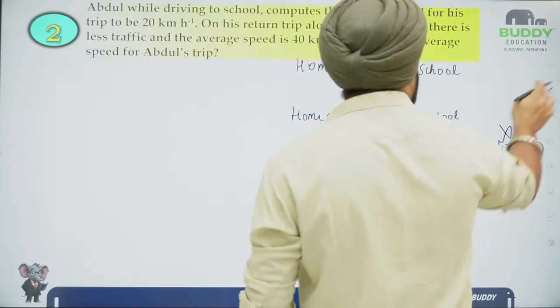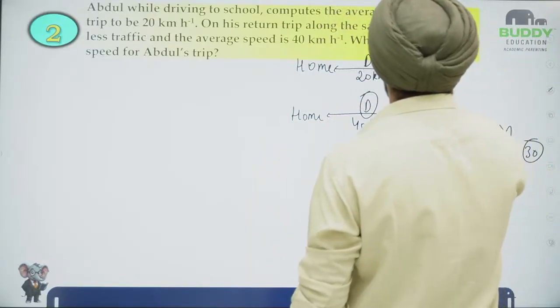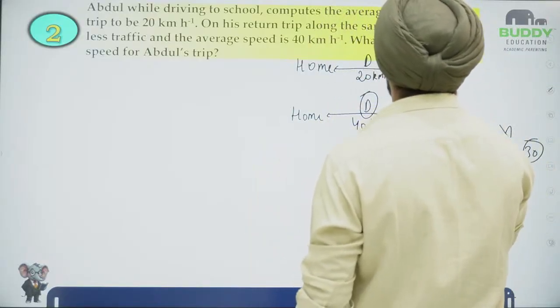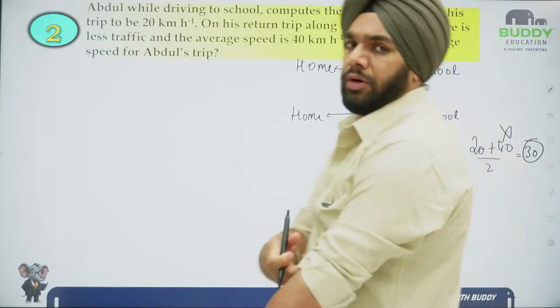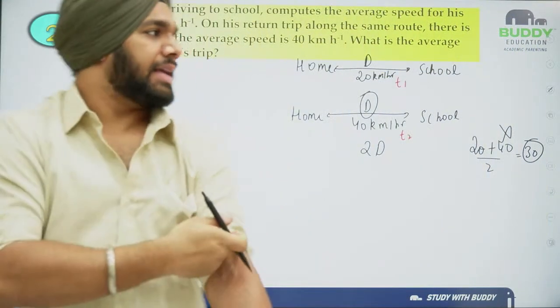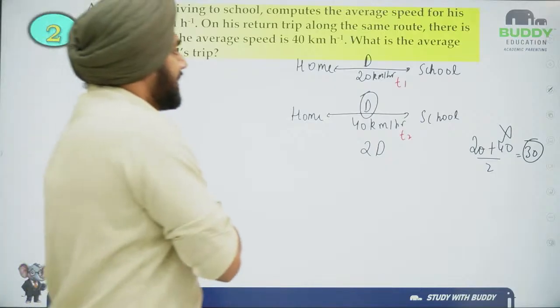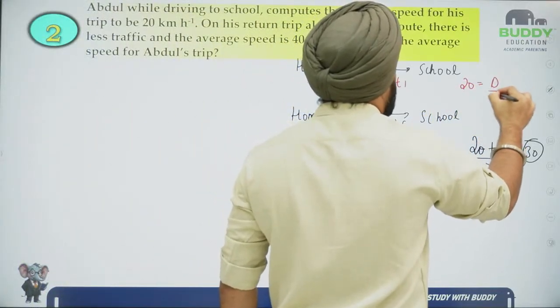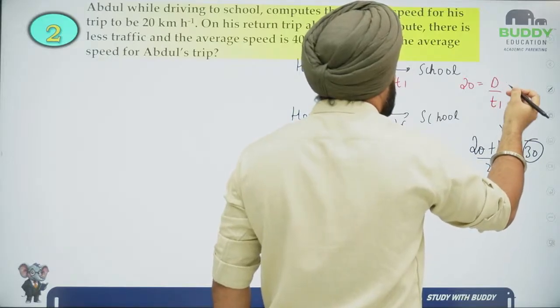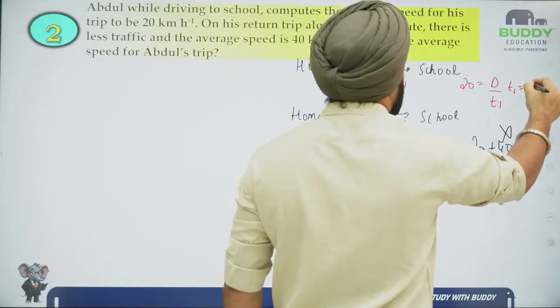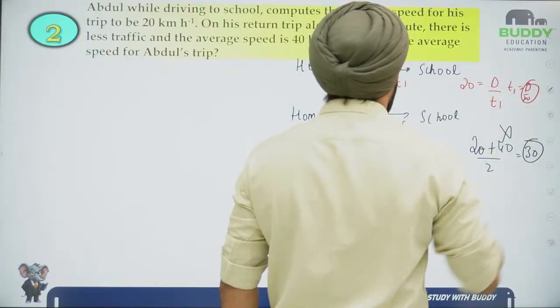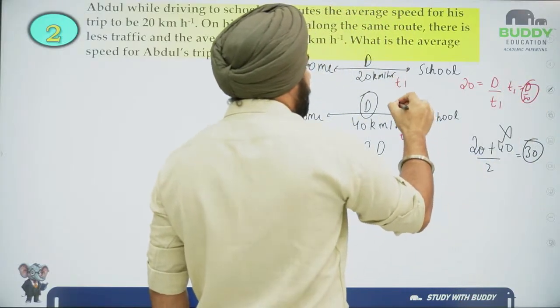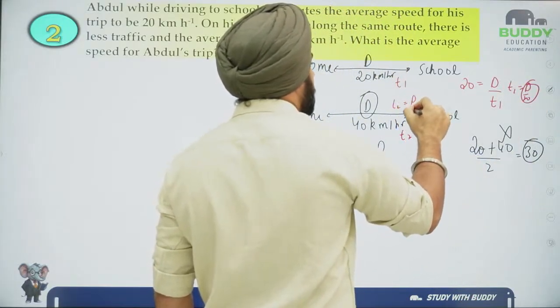So suppose this is t1, this is t2. I can simply write 20 is equal to d by t1, correct? So t1 comes out to be d by 20. Similarly here t2 comes out to be d by 40.